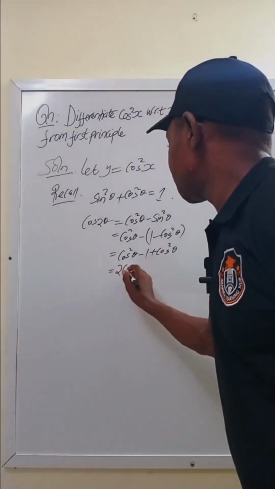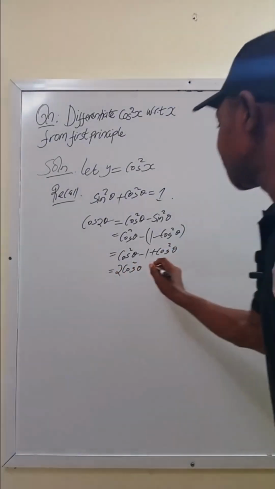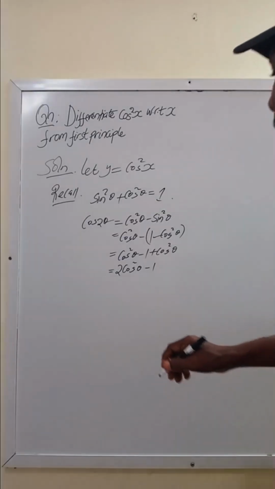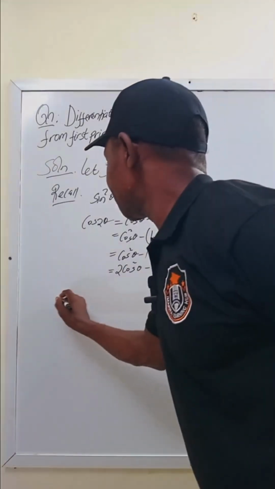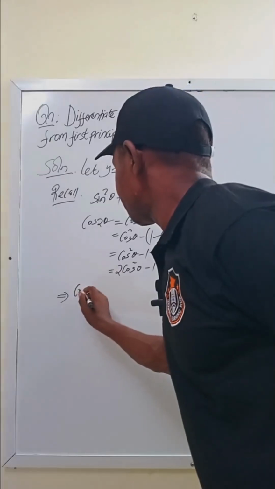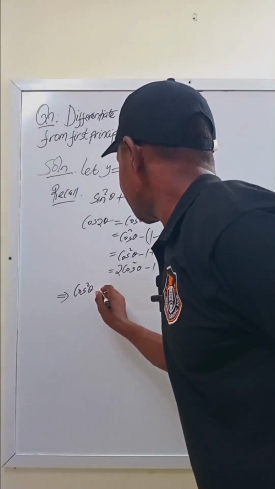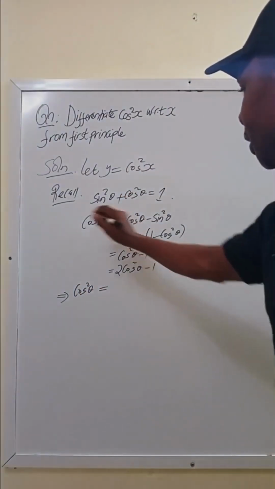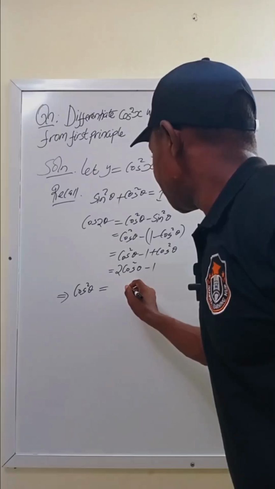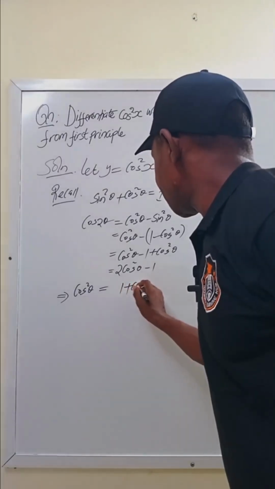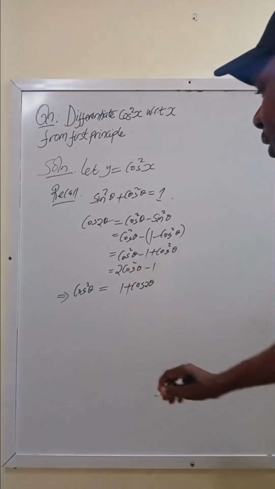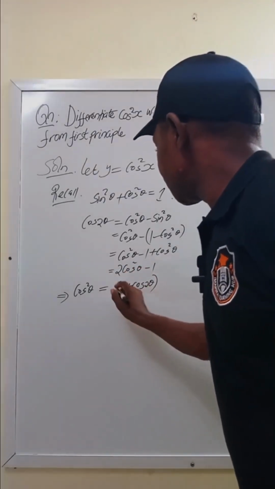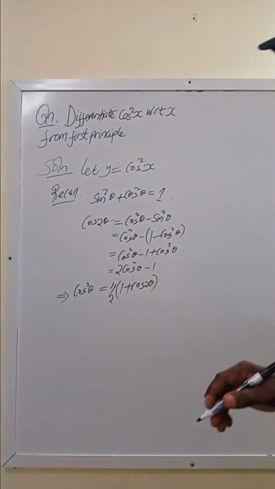Here we get 2 cos squared theta minus 1. So making cos squared theta the subject of this formula, we shall have cos squared theta equal to, taking this one to that side, 1 plus cos 2 theta. Dividing both sides by 2, this is what we shall get for the right hand side.